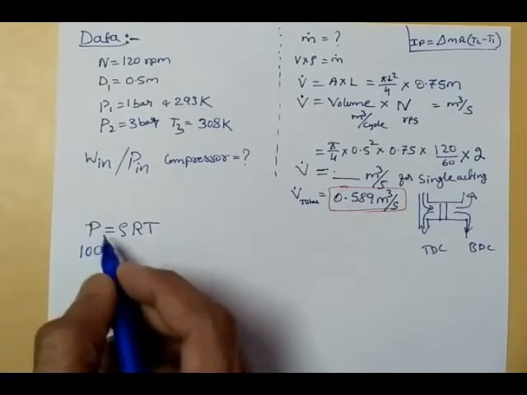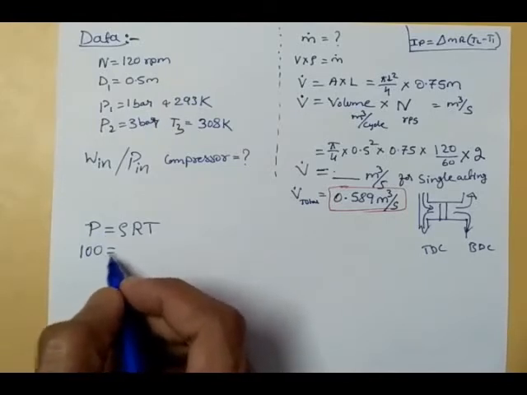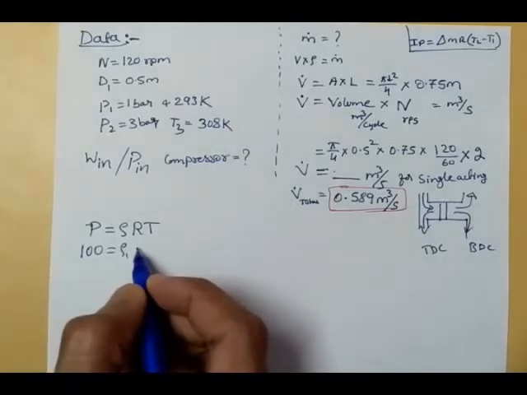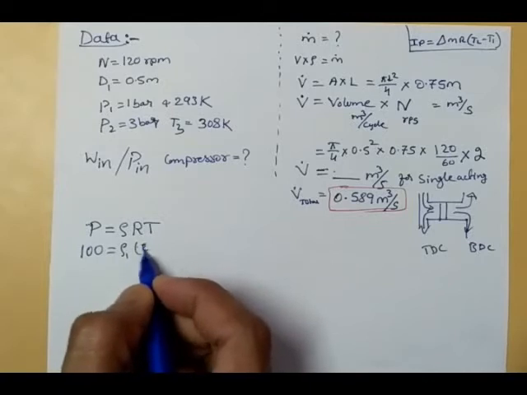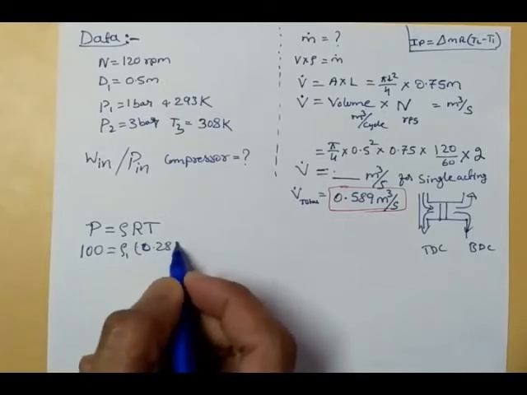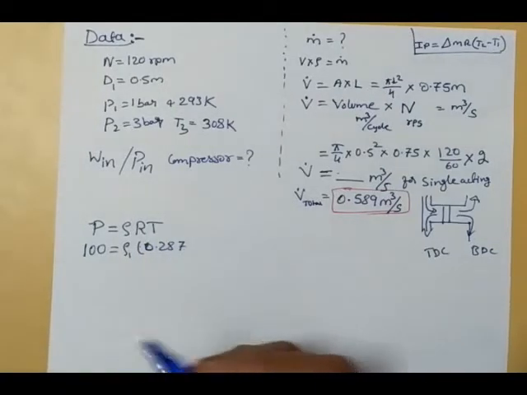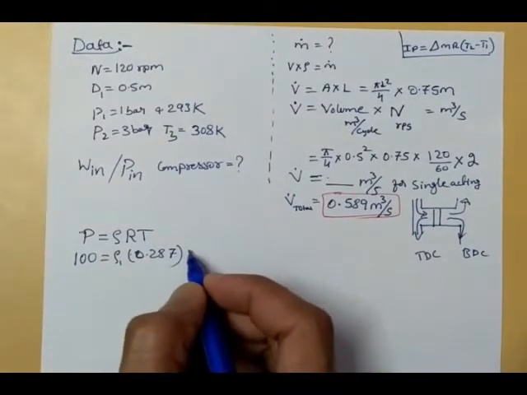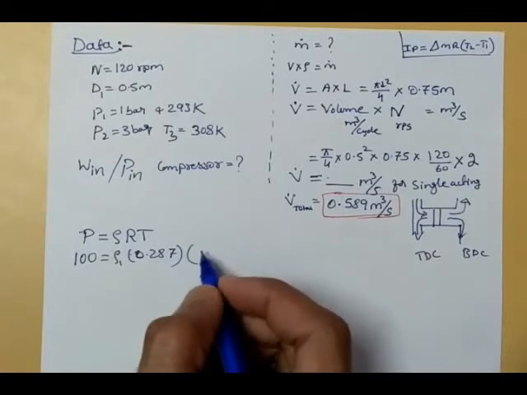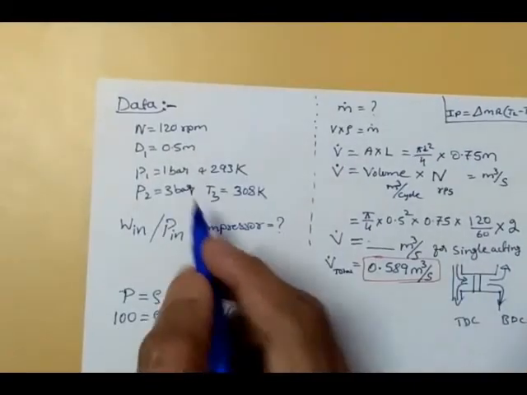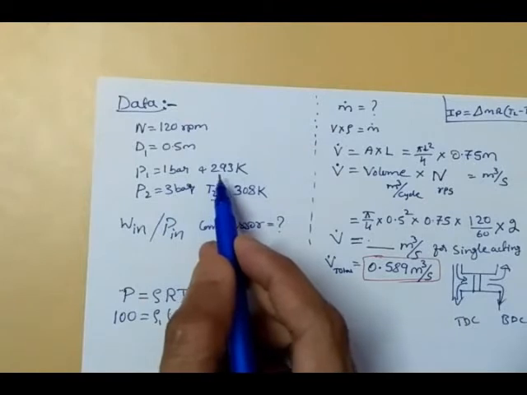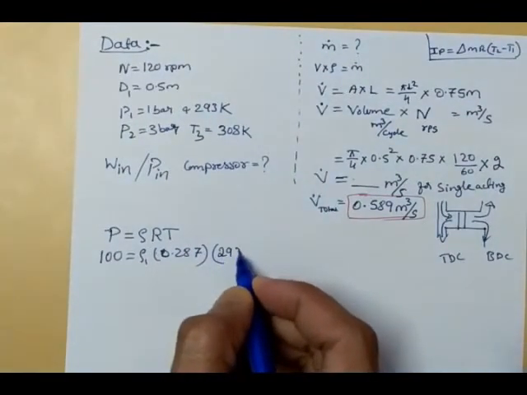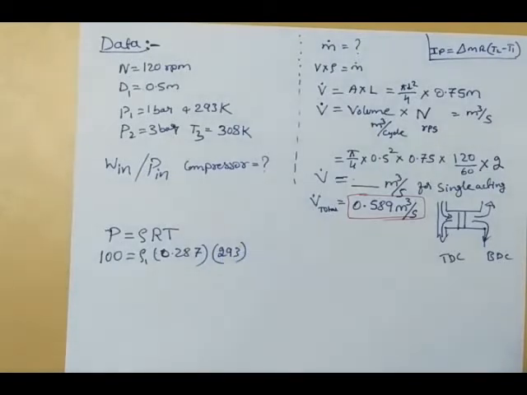Then density unknown, R is equal to 0.287. Then temperature at 1 bar, temperature is 293 Kelvin.